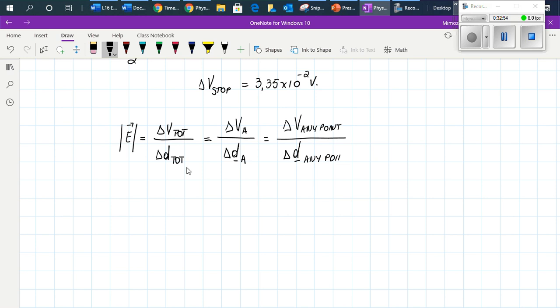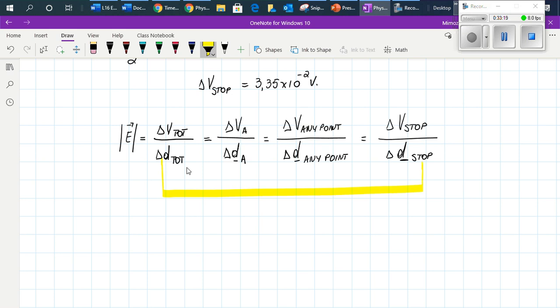In our case, what we are interested in is the delta V that stops the particle over the delta D that stops the particle, which is from the negative plate to where the particle stops. So the ratio that we will use is those two, because this is what we are looking for.